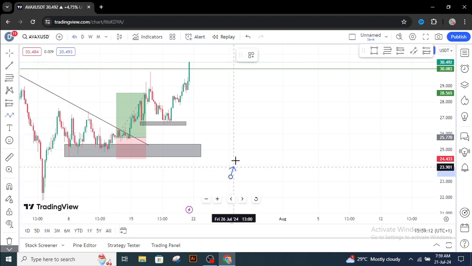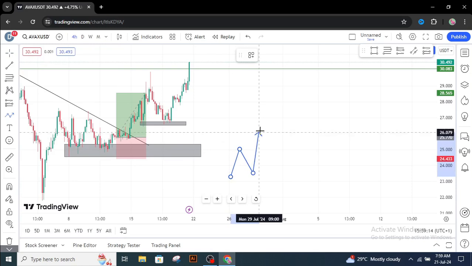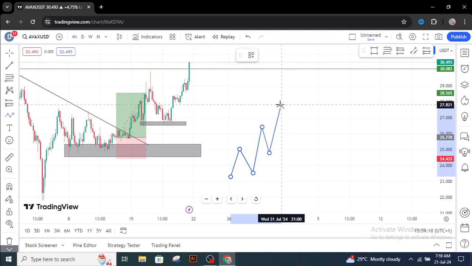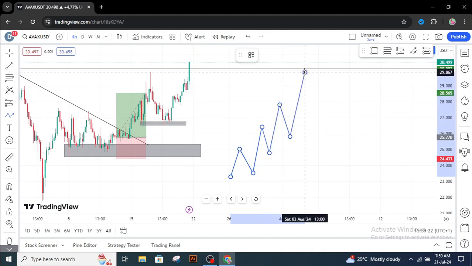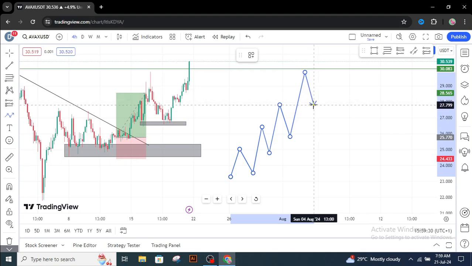Let's say you have the market going up like this, making higher highs and higher lows. Then the market goes up, and you are waiting for a pullback to come before you enter. When this pullback happens, I won't advise you to enter immediately.